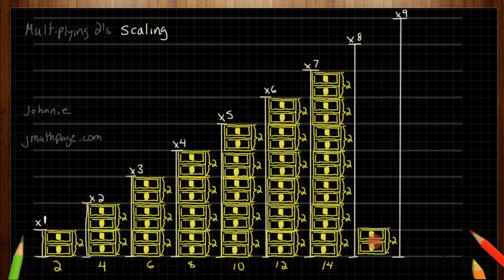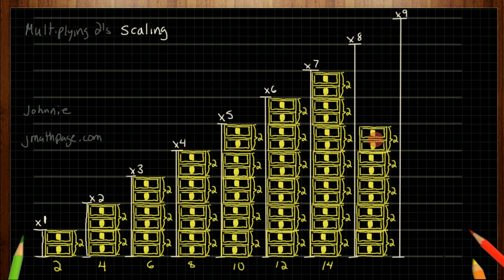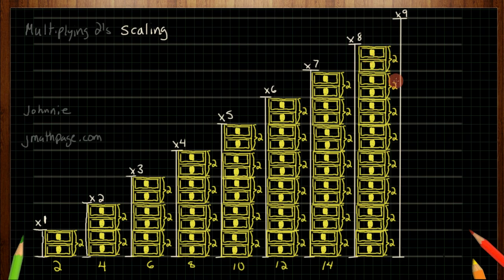What about 8 stacks? 1, 2, 3, 4, 5, 6, 7, 8 stacks of 2 boxes. How many altogether? 2, 4, 6, 8, 10, 12, 14, 16 altogether. 16 is 8 times as much as 2. That's a lot.